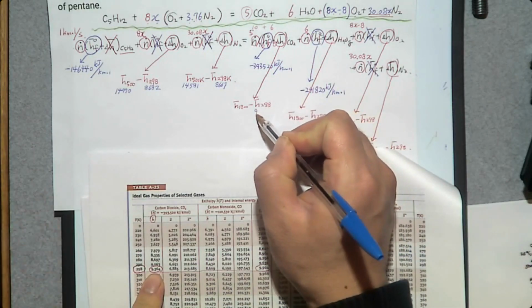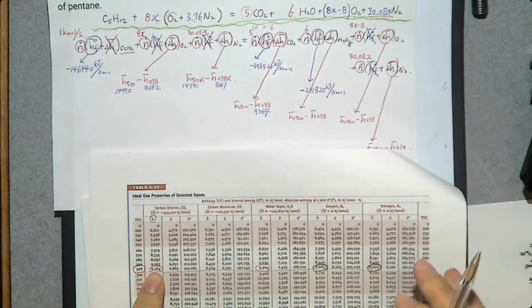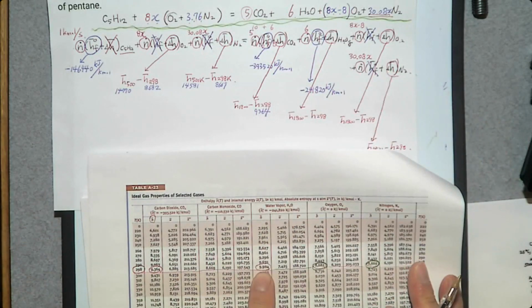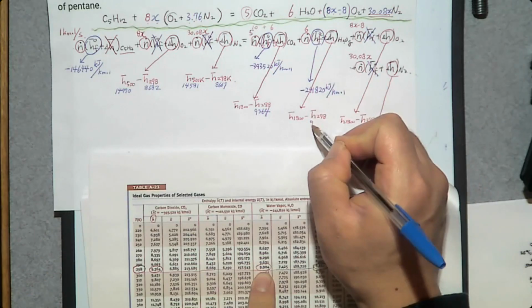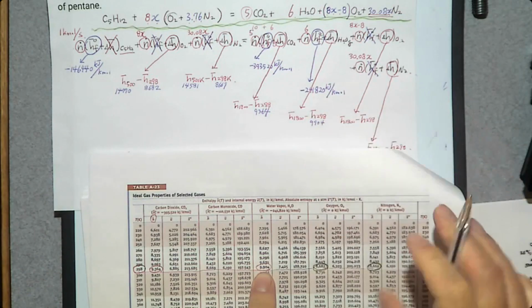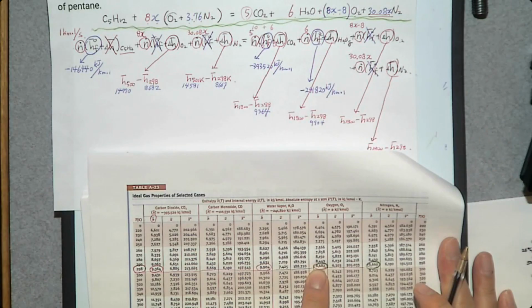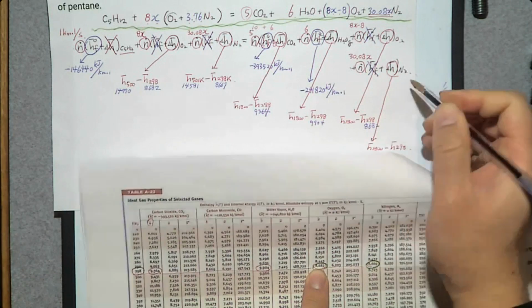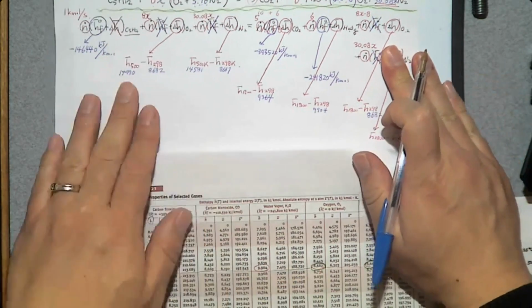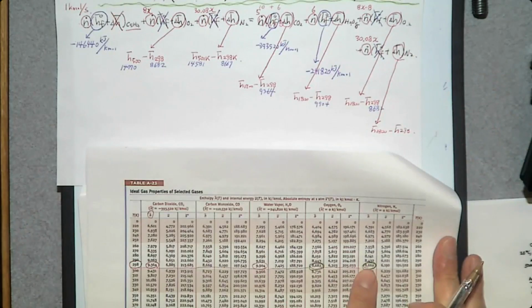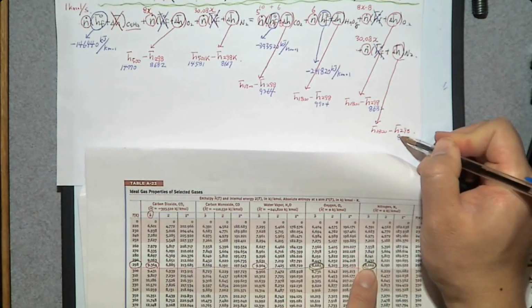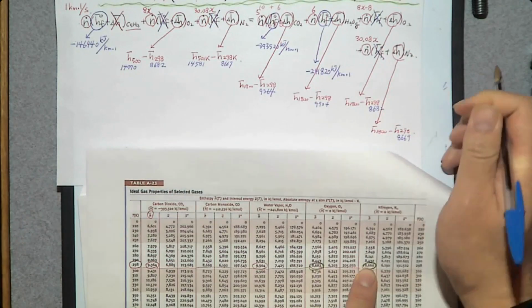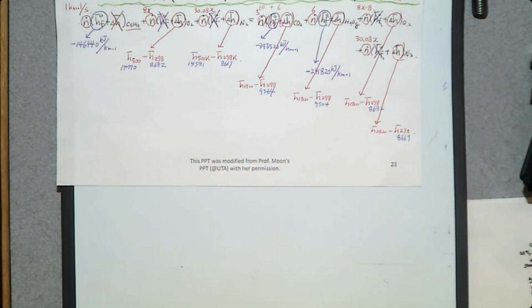For water vapor, 9,904. For oxygen, 8,682. For nitrogen, 8,669. So that's how you find H bar at 298 Kelvin.